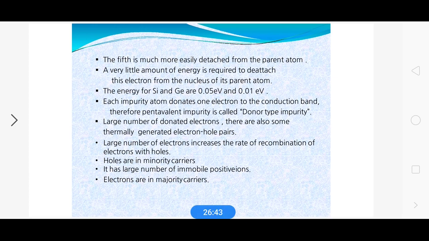Immobile positive ions means the electron is detached from the outermost orbit, so a positive ion will be created. One electron is detached, so positive ions will be generated. So there are negatively charged electrons, positively charged holes, and positively charged immobile ions present in the N-type semiconductor. And electrons are the majority charge carriers, whereas the holes are minority charge carriers.